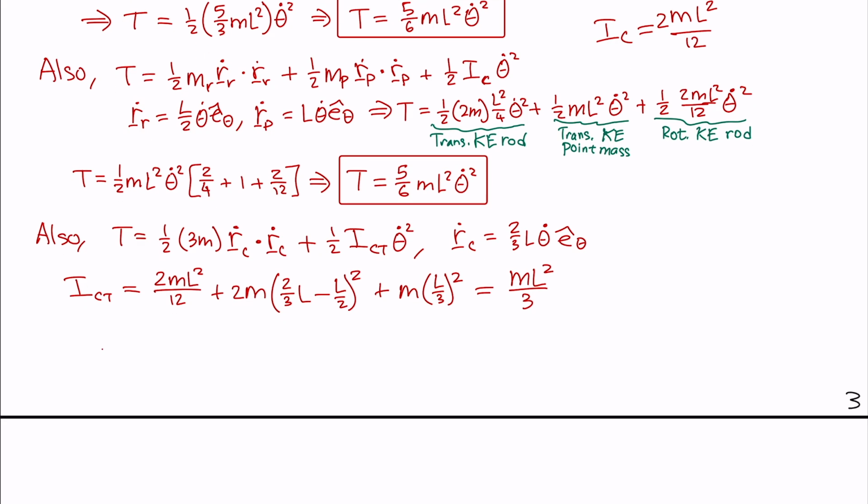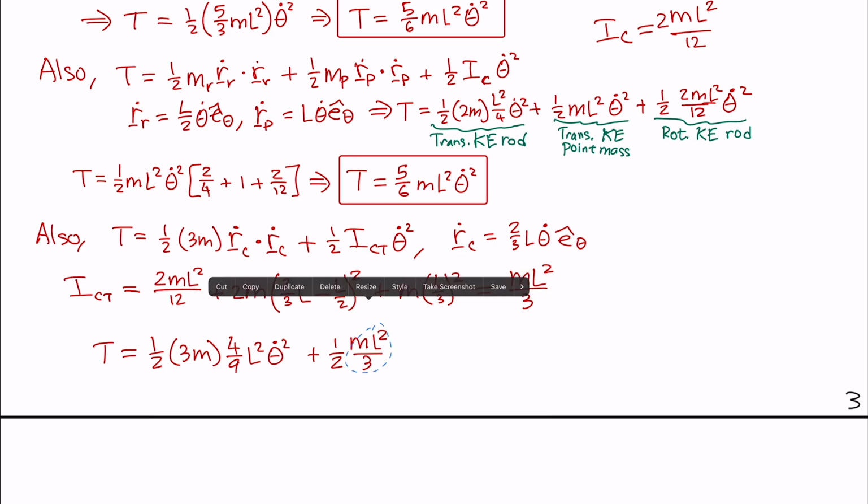So then kinetic energy T becomes 1/2 times 3m times 4/9, oops, I left out the L, L squared theta dot squared, plus 1/2 mL squared over 3 times theta dot squared.